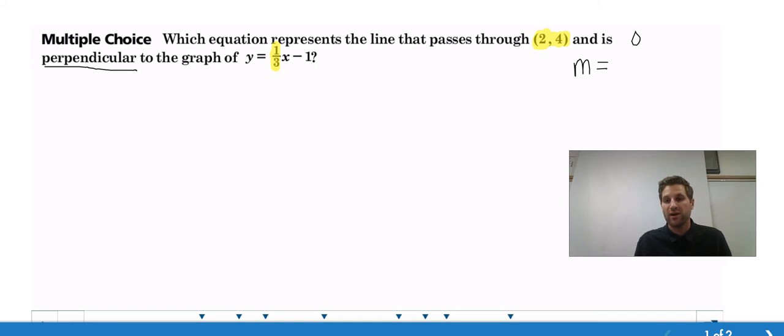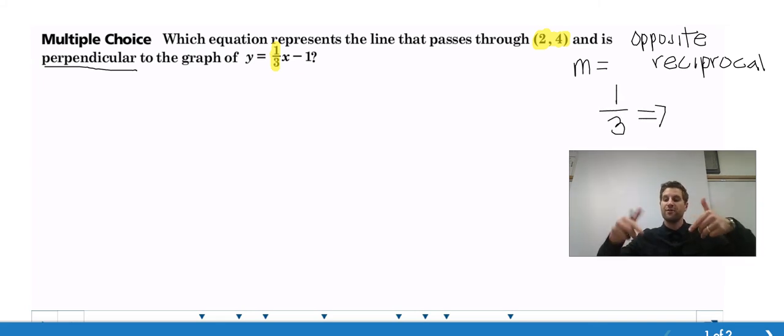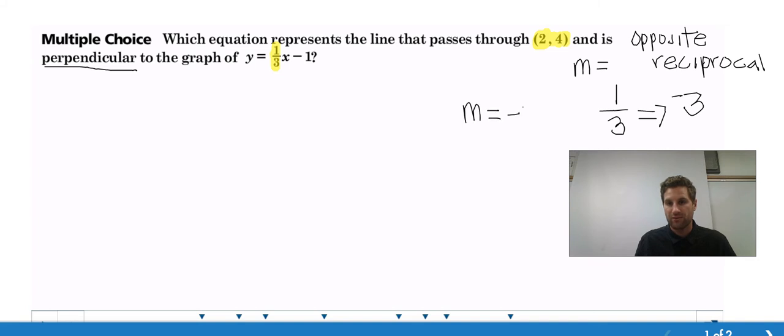So 1/3 is the slope given to me. The opposite reciprocal is going to flip it, so that becomes 3, and do the opposite, which would be negative. So my slope is going to end up being -3.